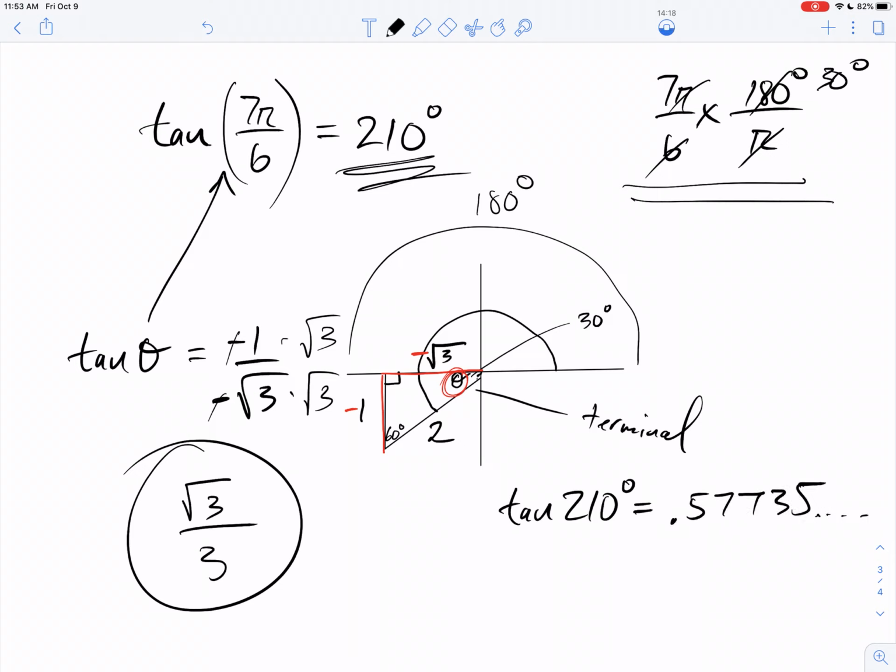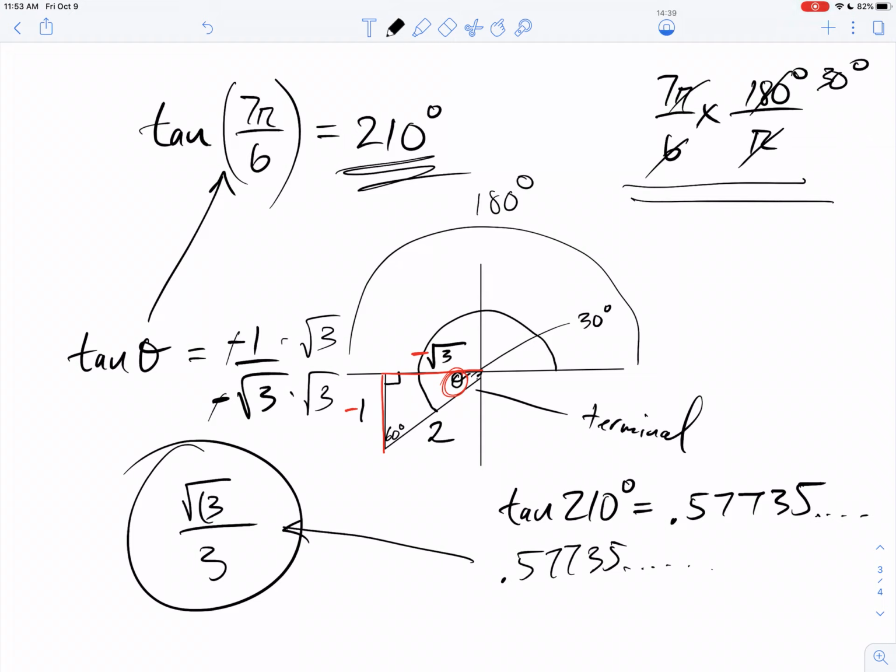It just keeps going. But you know what that number is? It's the exact same thing as if I punch in on my calculator the square root of 3 divided by 3. I will also get 0.57735.